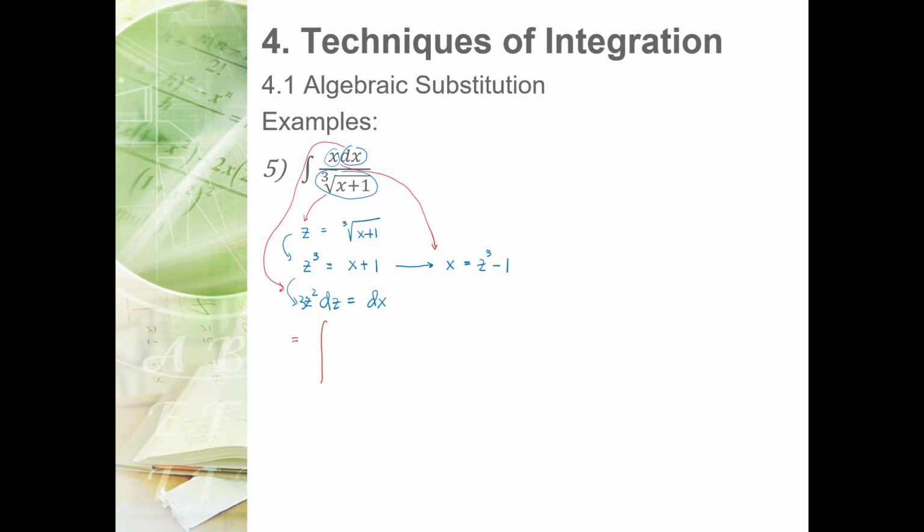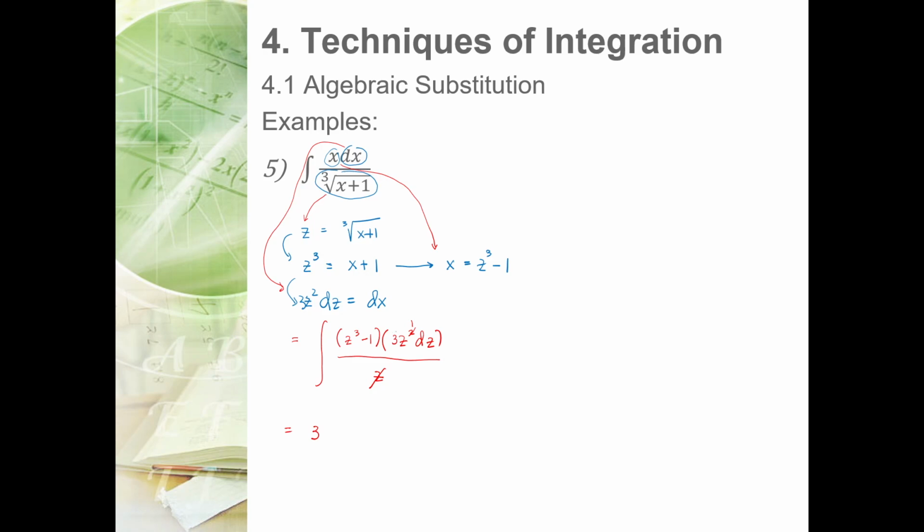So this becomes, again, x is z cubed minus 1, dx is 3z squared dz, all over z. So cancel out one z here. What's left is 3.